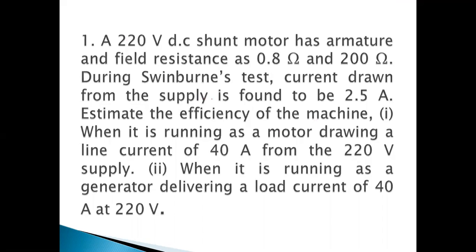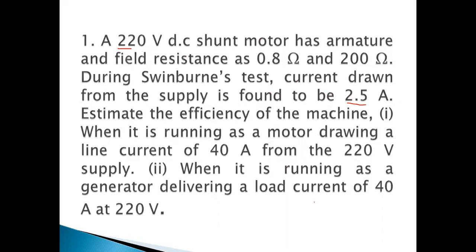To get the constant losses, we have a formula: no load input power, which is equal to 2.5 amperes with this 220 volts. From this no load input power, we have to subtract no load armature copper losses.